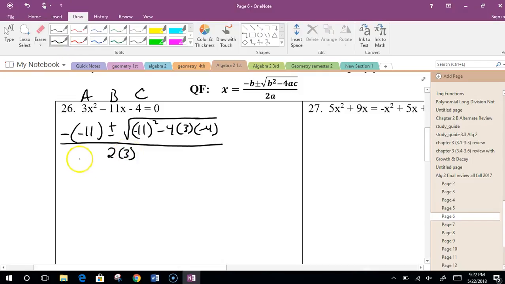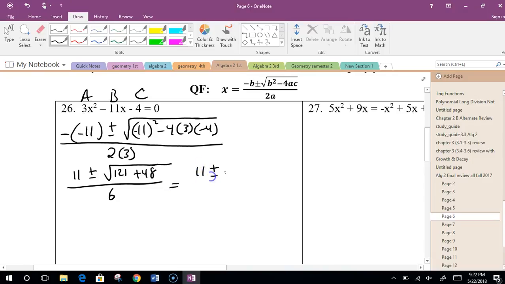So if we go ahead and work this out, double negatives out front makes that a positive 11 plus or minus the square root. 11 squared is 121, and then you have negative 4 times 3 times negative 4, which is positive 48. All of this divided by 6. Add up what's under your radicand.